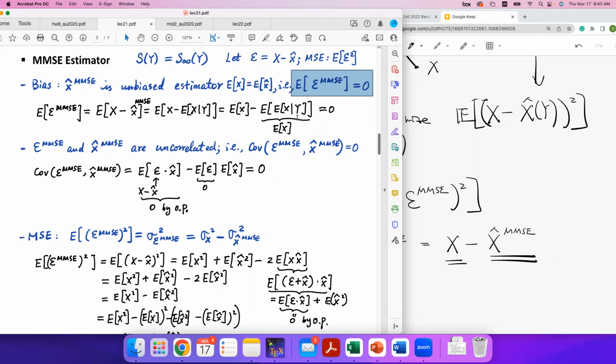Because it has zero mean, this second moment equals the variance, because the variance equals the second moment minus the mean to the power of 2, and the mean is 0.